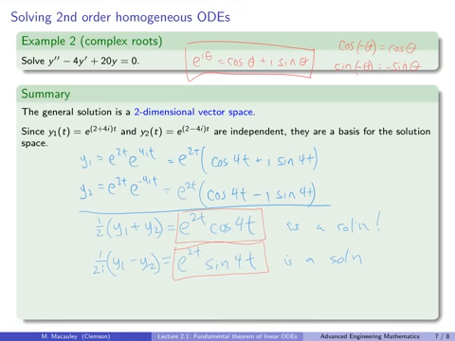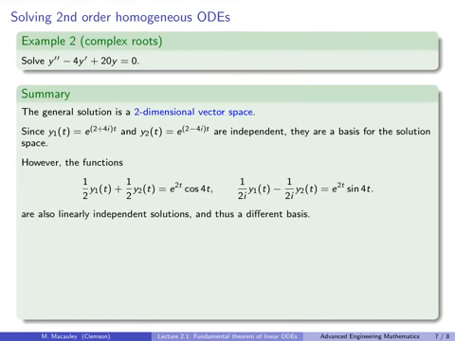So instead of using these complex exponentials, which we don't really like very much, we would rather use sines and cosines. So to summarize this part, we started with a basis y1 and y2, and we said, hey, look at this. 1/2 y1 plus 1/2 y2 is this function, and 1 over 2i y1 minus 1 over 2i y2 is this function.